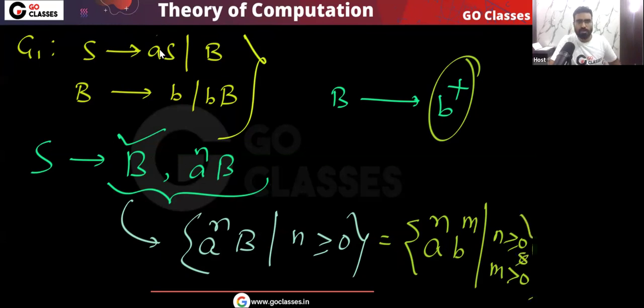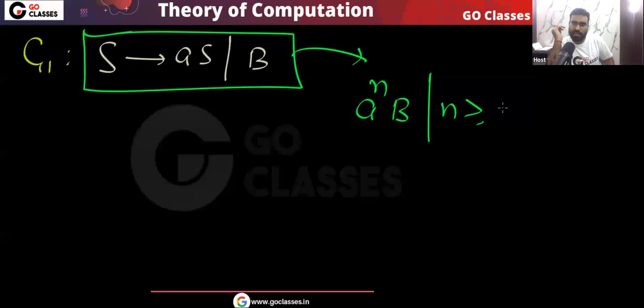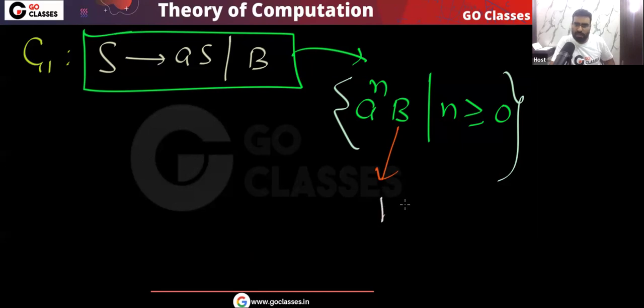I hope you understood this. This is a very simple analysis, nothing complicated here. In this grammar G1, remember, S is generating AS or B. So what will this give you? This will give you A power n B, where n is greater than or equal to 0. Is this clear? Now this B is already giving you B plus.